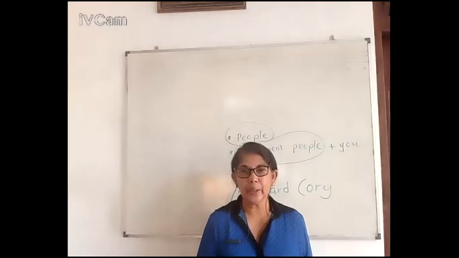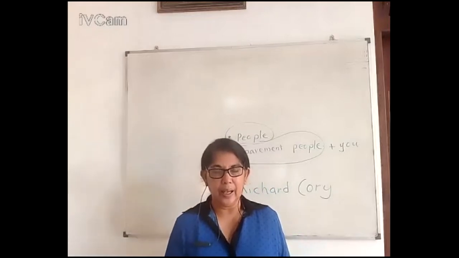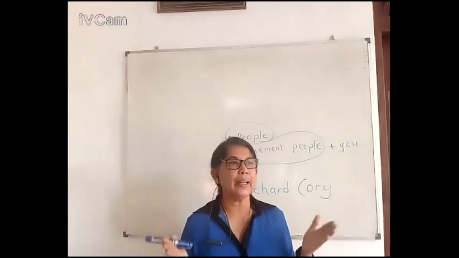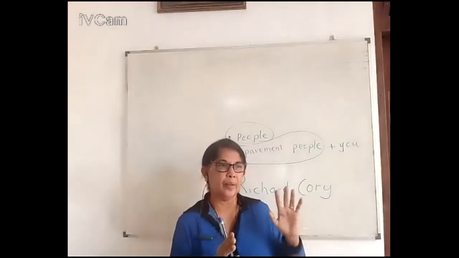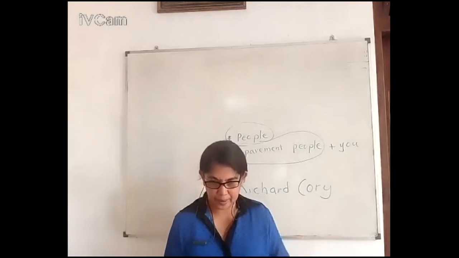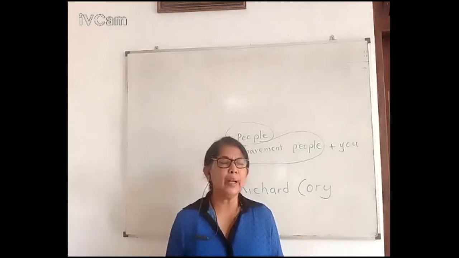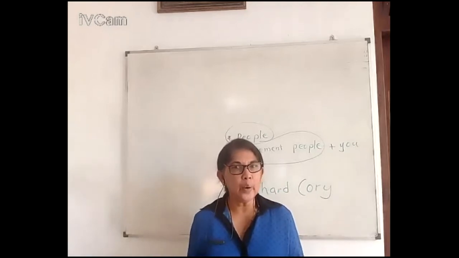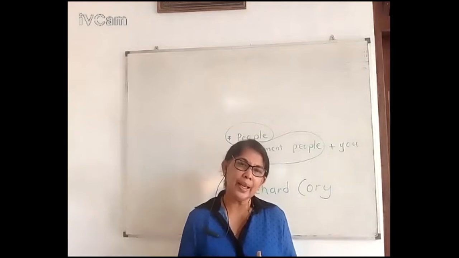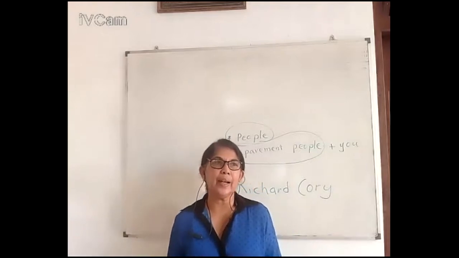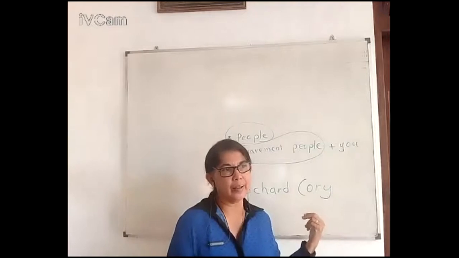That is how they thought. How did they reach that particular decision? By looking at his appearance, that means looking at the outer appearance. Were they able to communicate a lot with Richard Cory?